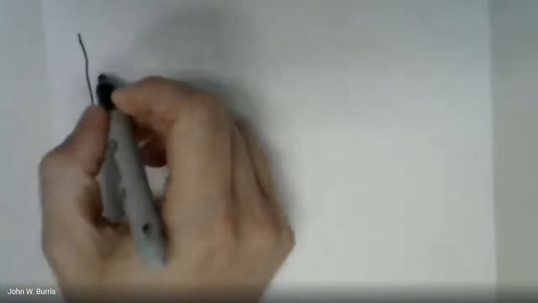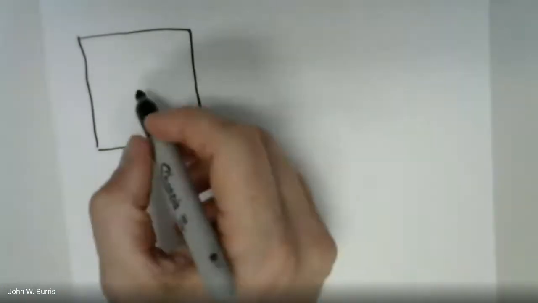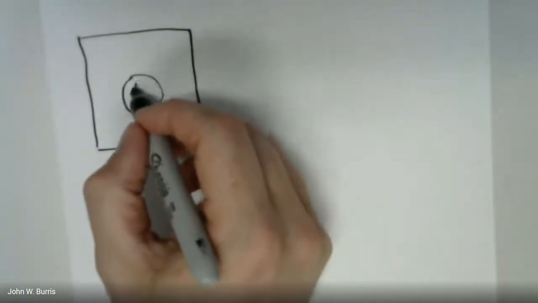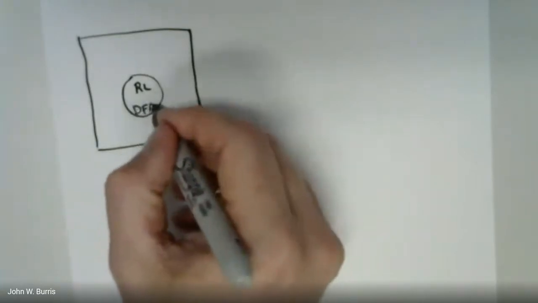So the big question I have for today is: we have this big square, a set of all languages. In this set of all languages, we've had our regular languages in the middle that had DFAs that accepted them.